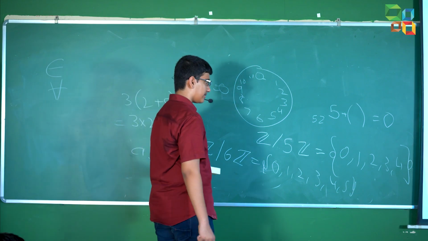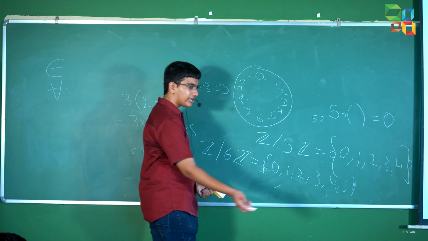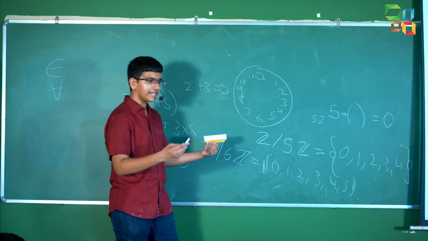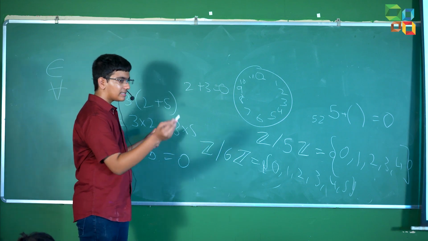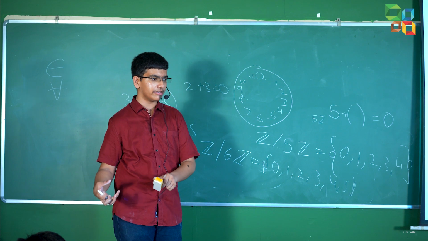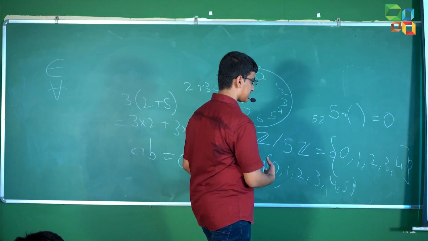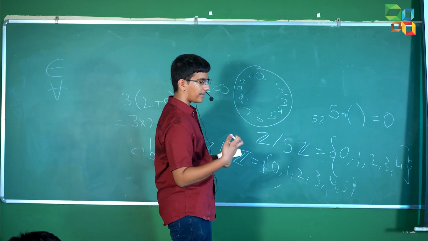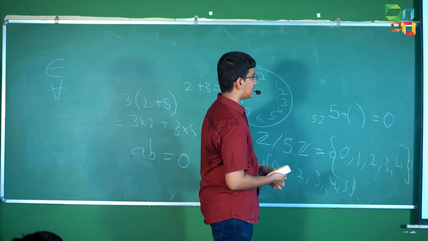But in this set, Z mod nZ, we saw you took 2 and 3 and multiplied them, and you got 0. So 2 is not 0 and 3 is not 0, but when you multiply them, you get 0. We'll give a name to such things later, but just keep this in the back of your mind. So we'll look at another example now.